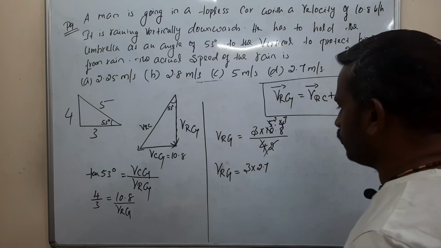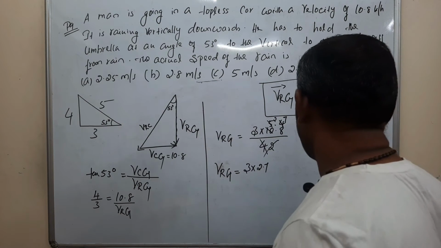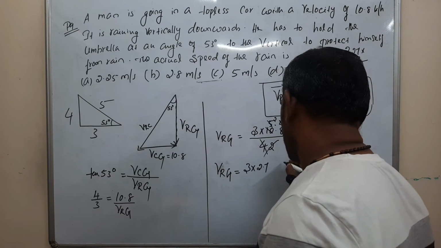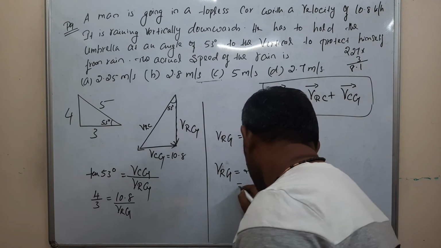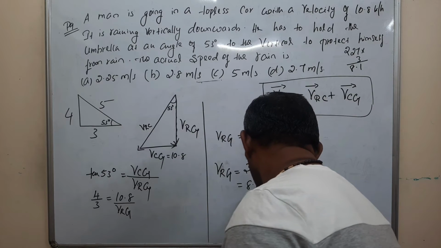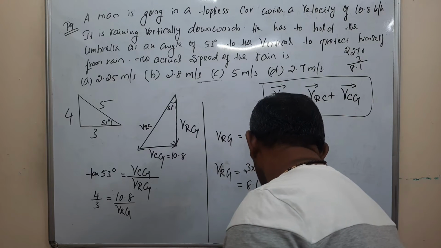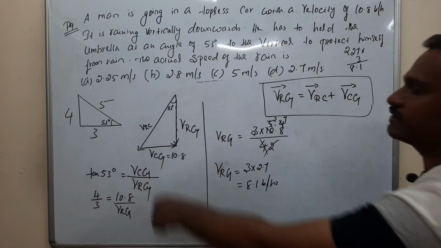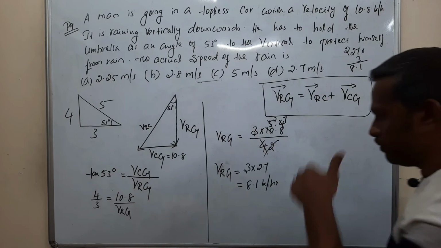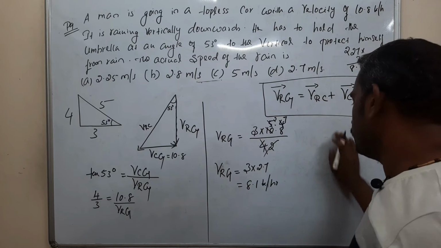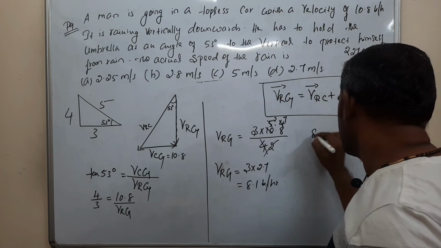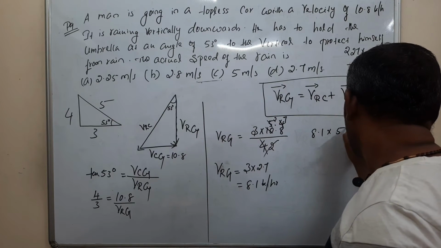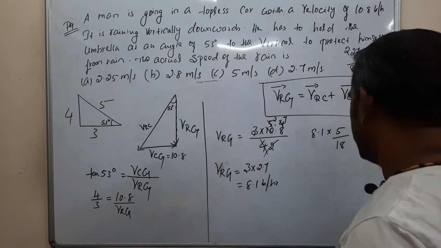So 8.1. VRG is equal to 8.1 kilometer per hour. But the answer is given in meter per second. So how to convert to meter per second? 8.1 into 5 by 18.